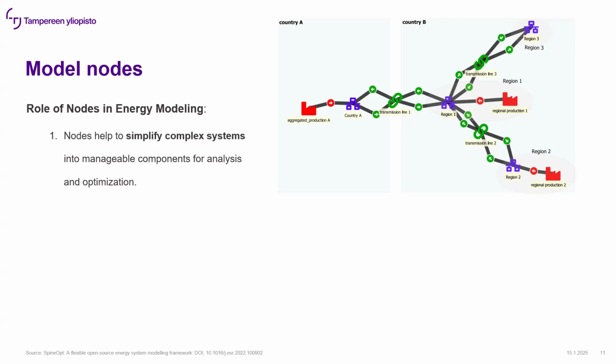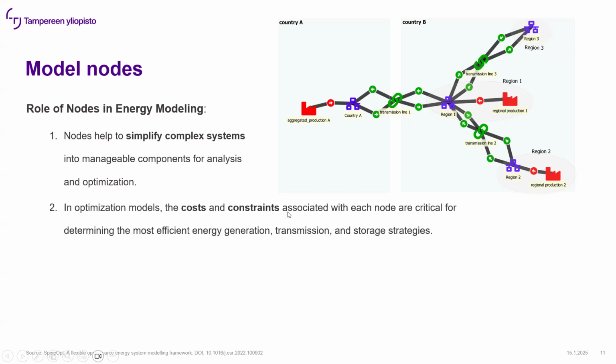So what the nodes help to do is to simplify complex systems. In these optimization models, for example, the costs and constraints associated with each node are critical because they help to determine the most efficient energy generation, transmission and storage strategies.